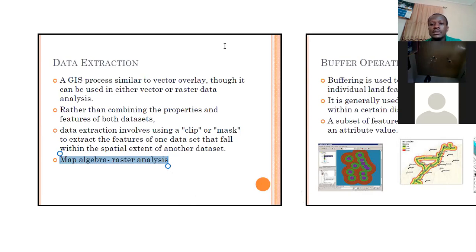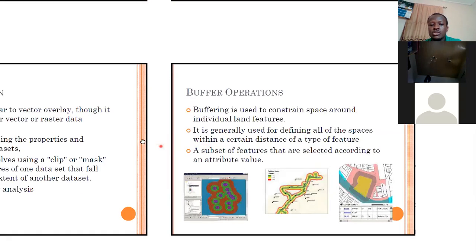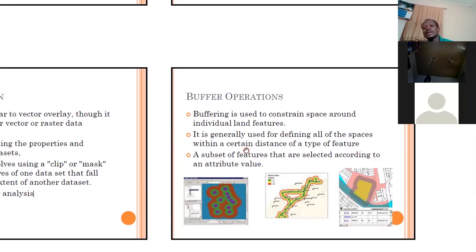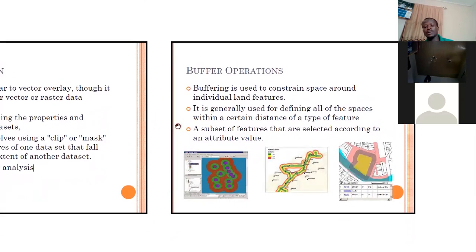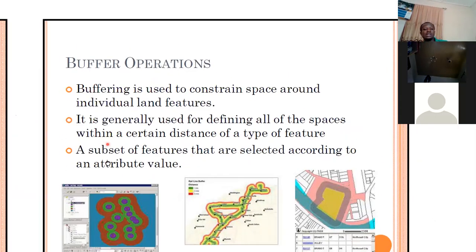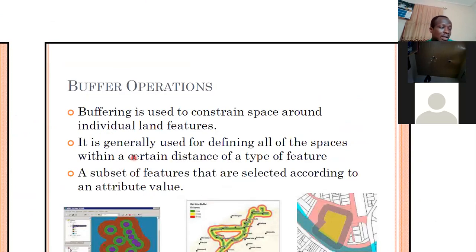So let's move on and let's talk about the next topic. If you have any question in map overlay and themes, I will be talking about the next topic. Do you have any question or you get it? Do you get the practical application of overlay?